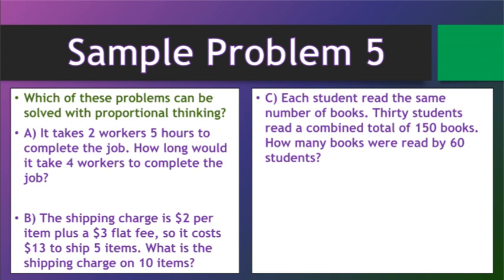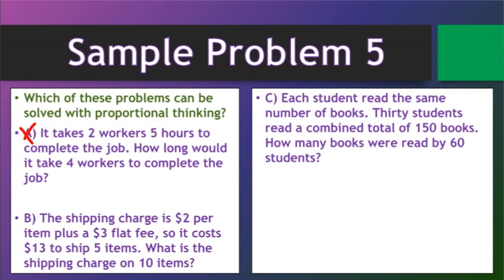So if we take a look at which one would have proportional thinking, letter A, it takes 2 workers 5 hours to complete the job. How long would it take 4 workers to complete the job? There isn't a constant in that one, so we know it can't be A, because it's not going to be the same amount of work, same amount of time for 2 workers as it is for 4 workers.